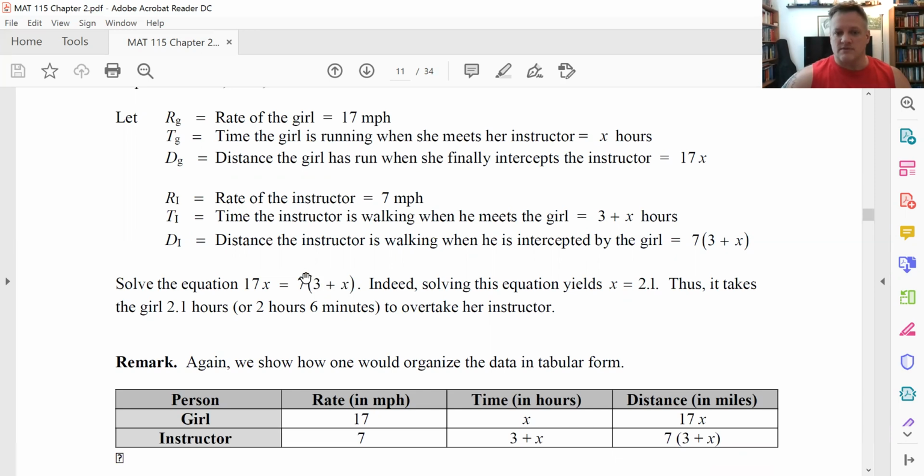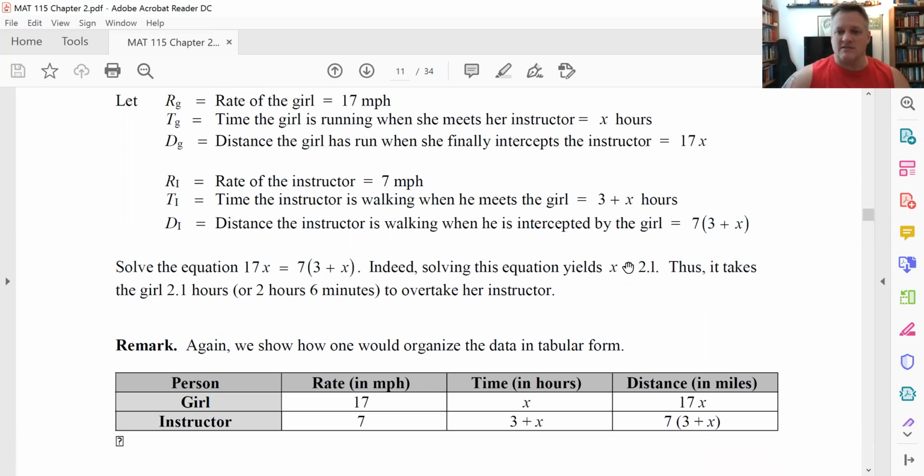Distribute the 7 to both terms on the right side, take the 7X over to the left, and divide by the coefficient of X to get X equals 2.1. So at these crazy rates, it would take the girl 2.1 hours, which is equal to 2 hours and 6 minutes, to overtake the instructor.